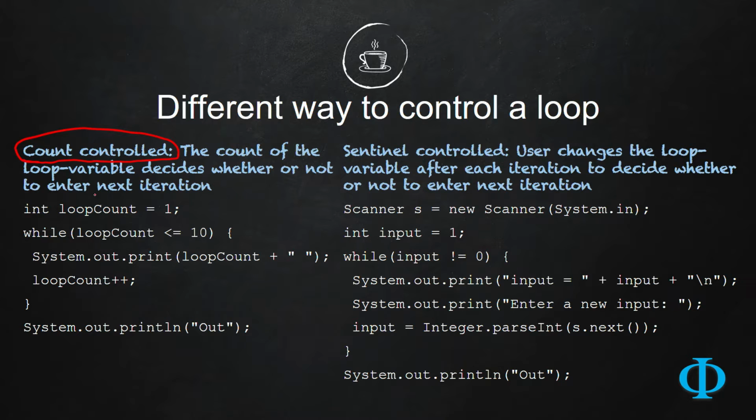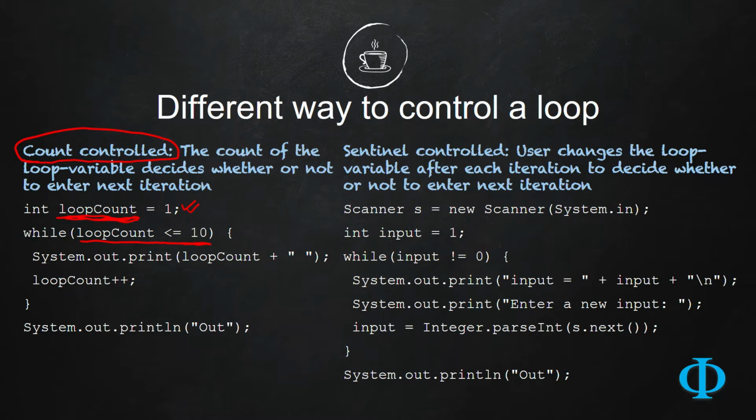where I have used a loop control variable, for example loop count in this case. That variable is initialized to a certain numeric value, 1 in this case. Then in the while loop, in the condition, I am comparing the current value of that loop control variable with some number, just to decide whether the while loop will enter the next iteration or not.